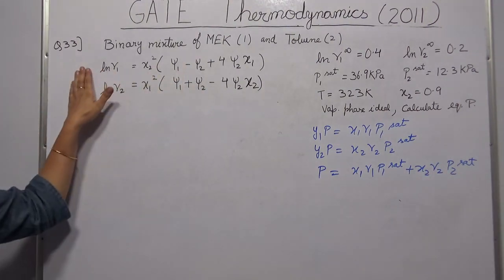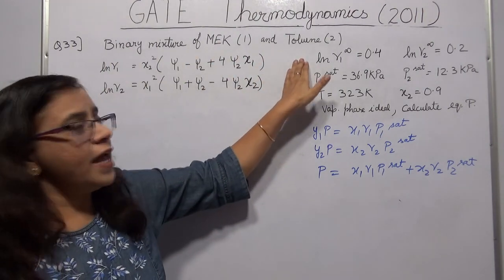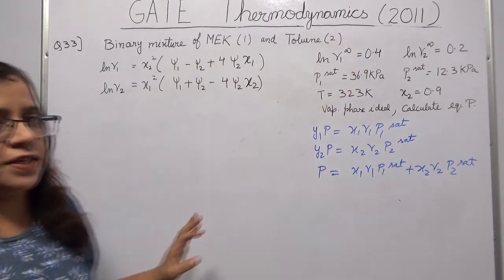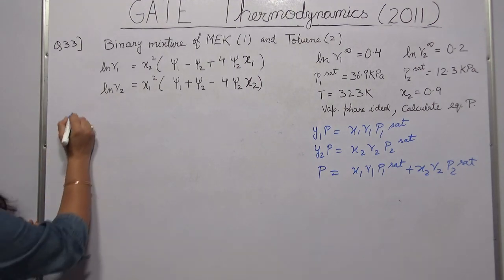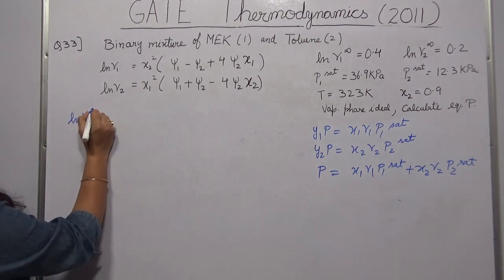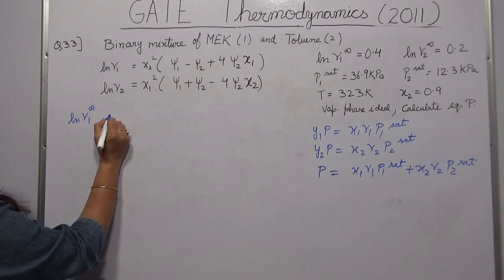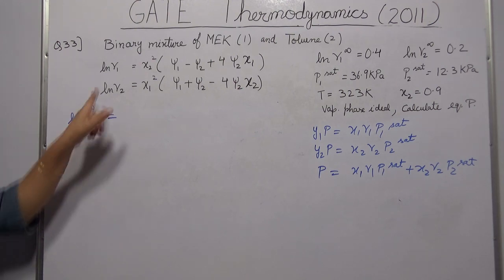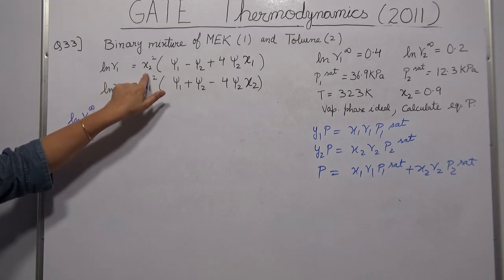We are going to use these equations and the values of ln gamma 1 and ln gamma 2 at infinite dilution. So let's do that. So ln gamma 1 at infinite dilution, okay, that is equal to, let's put x1 equal to 0, so that means x2 is 1.